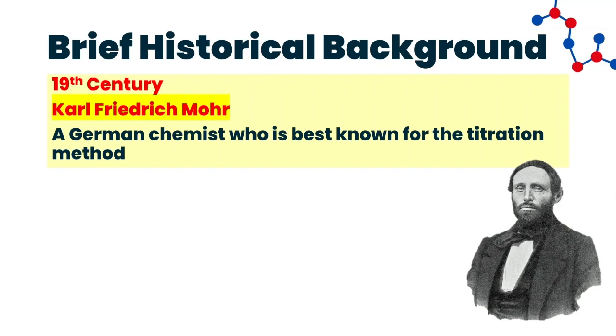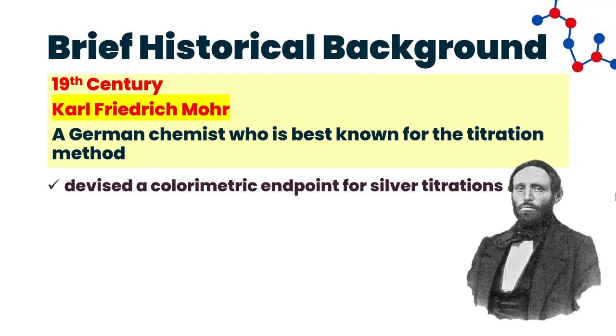On the other hand, Carl Friedrich Mohr, he is a German chemist who's best known for the titration method. Maybe in the future we will have one laboratory activity for titration.